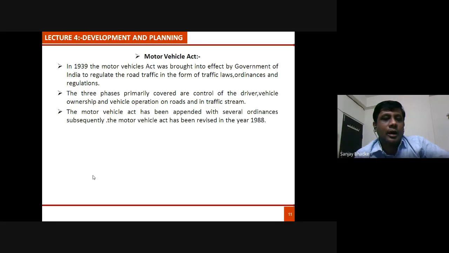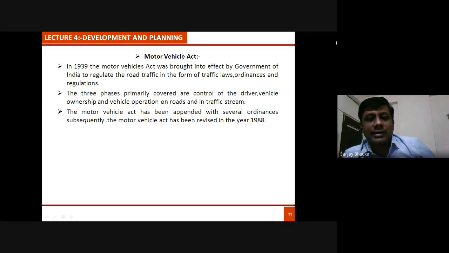Obviously, it will be objective, but you should remember this year and how it was revised. You can say it was revised in 1988. If you have some time and a notebook, just note down all these things.